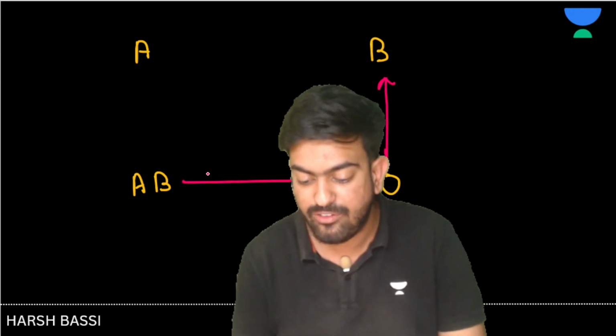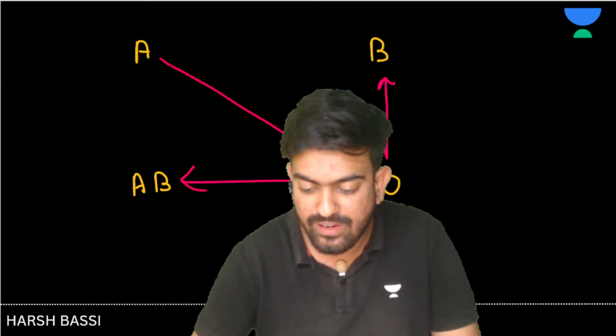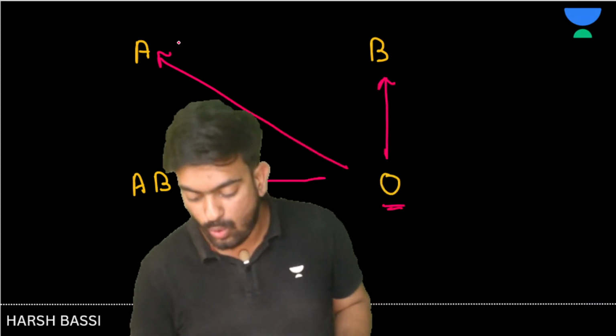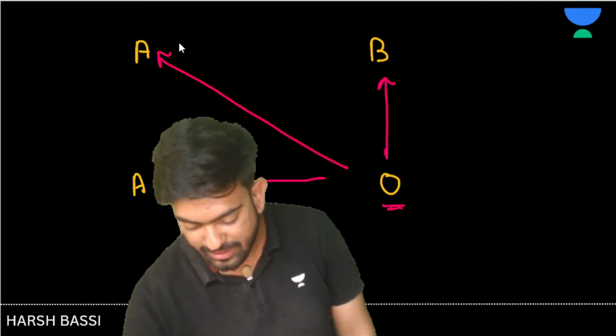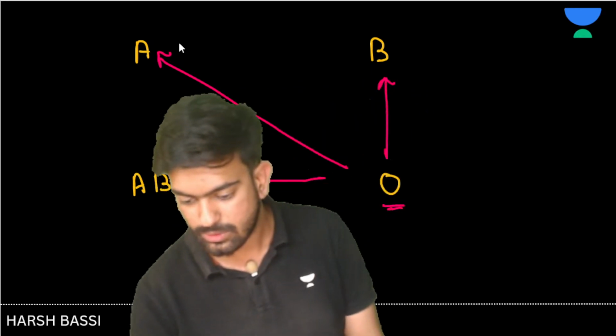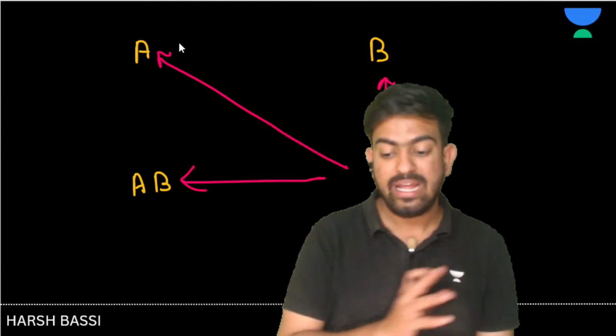So O will give blood to everyone, universal donor. Okay. Is this clear? O can give blood to everyone.